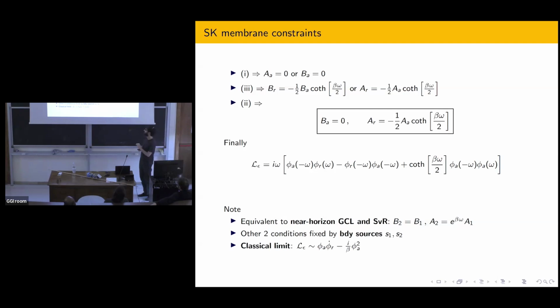Okay, so this is actually the main result so far. Of course, we still have two fields, phi A and phi R, the sum and difference of the two scalars, which are undetermined. These are the Dirichlet conditions on the membrane, and this will be fixed after I add to this Lagrangian the UV part, which includes the field up to the boundary, and impose the boundary conditions at the true AdS boundary.